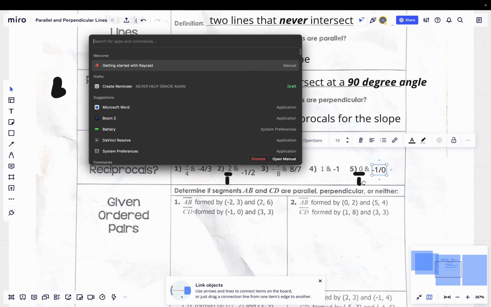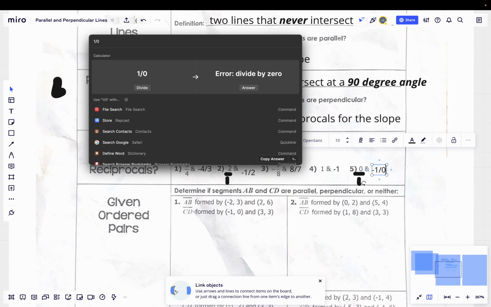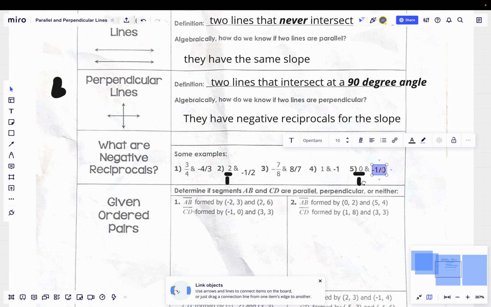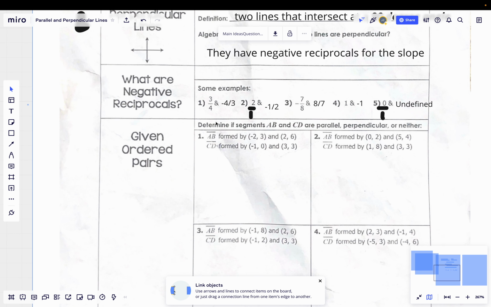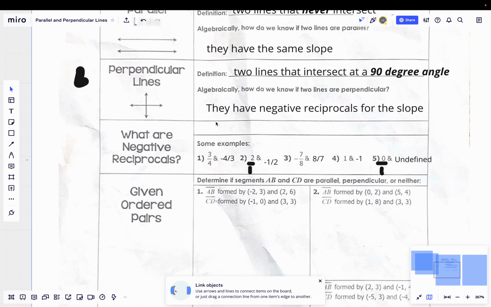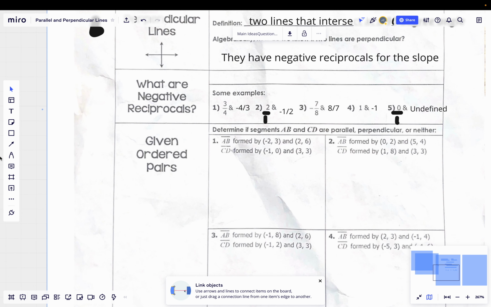But if we divide by 0, 1 divided by 0, as you can tell, we get an error. So when we get an error, we put undefined. So basically, you just flip it, and since you're dividing by 0, you put undefined.